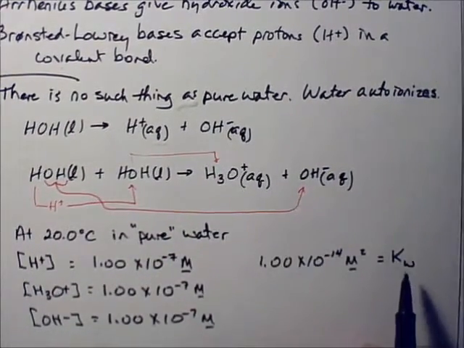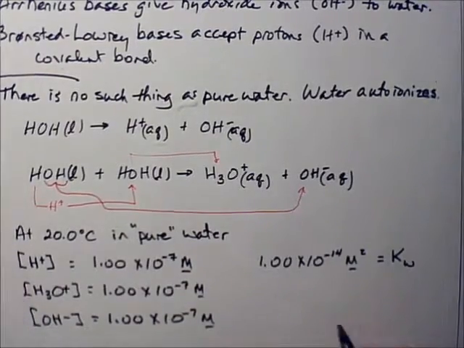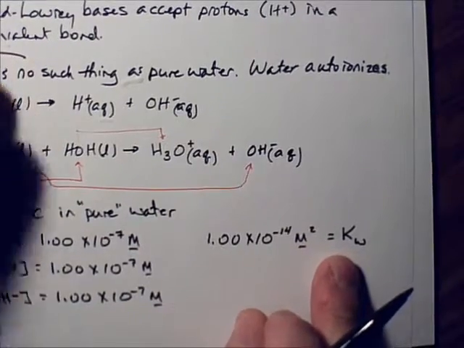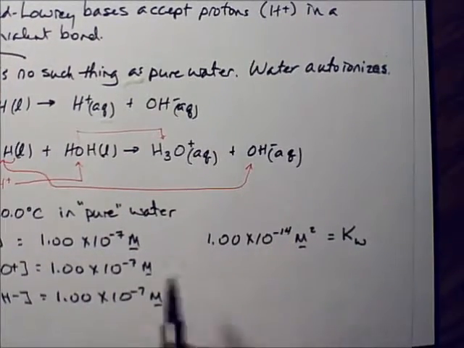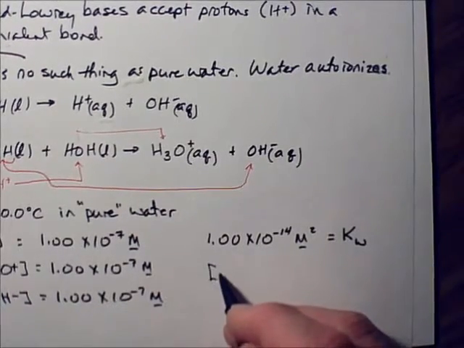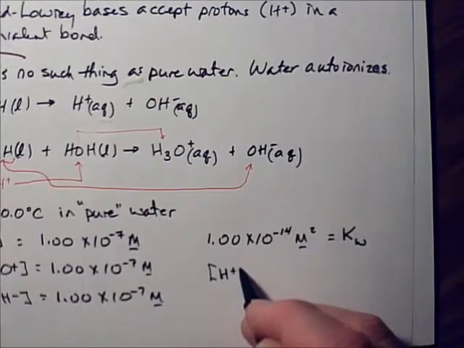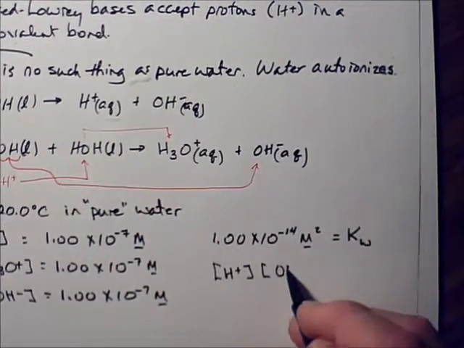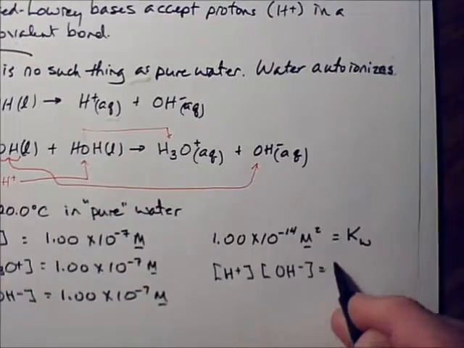What do we multiply to get this constant? The hydrogen ion concentration times the hydroxide ion concentration. So Kw is the product of this molar concentration times this hydroxide ion concentration.